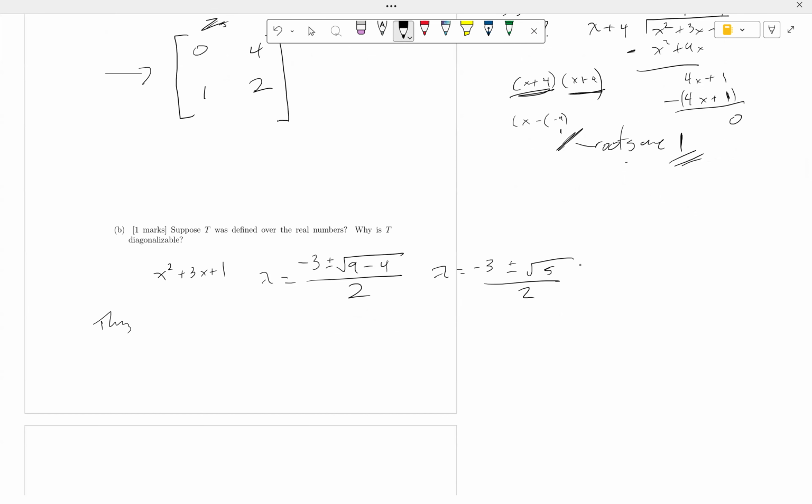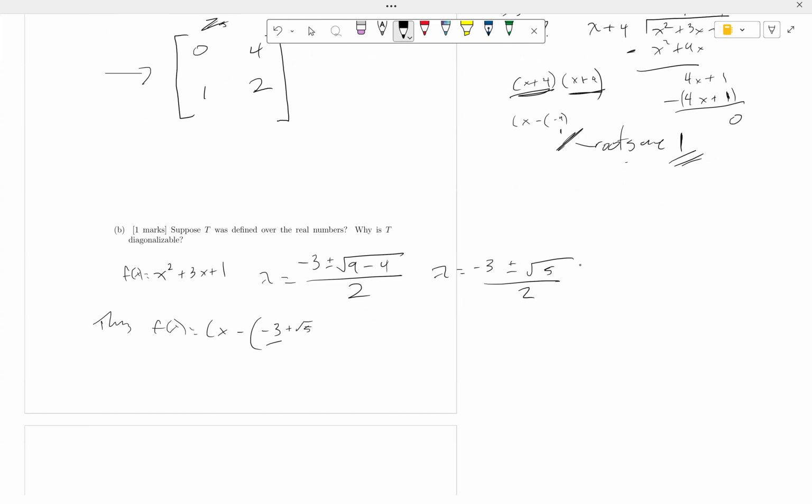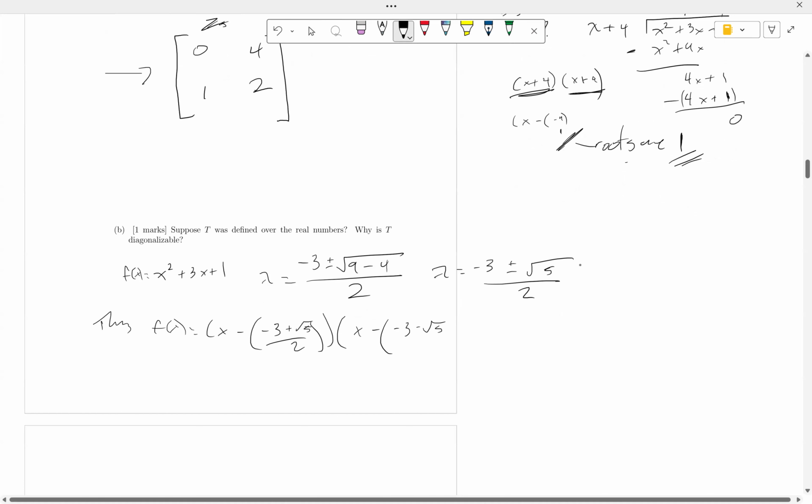Thus, f of x equals x minus (-3 plus root 5)/2, times x minus (-3 minus root 5)/2.